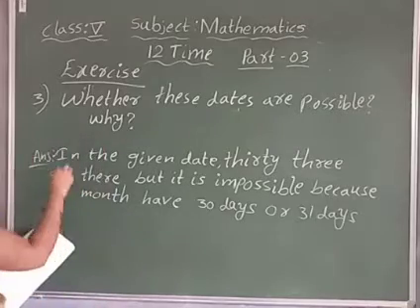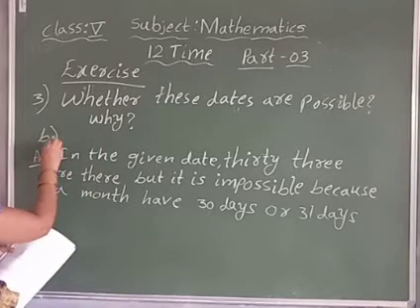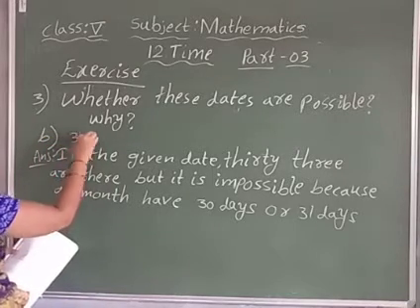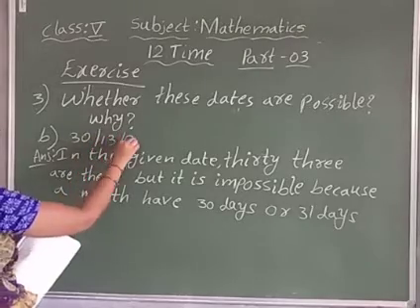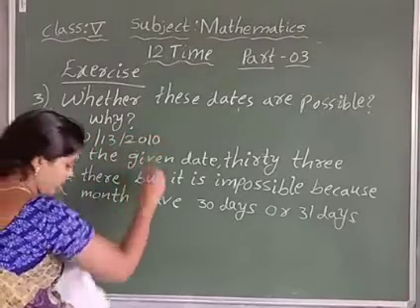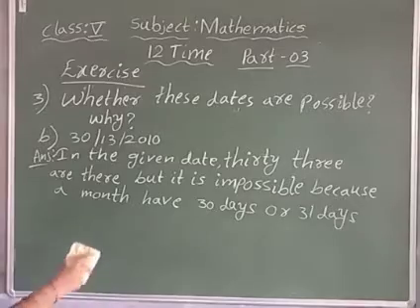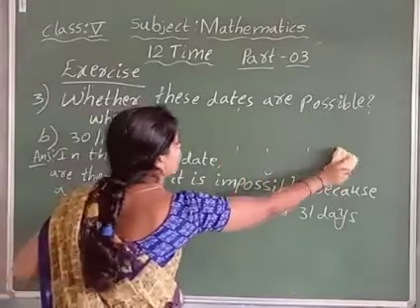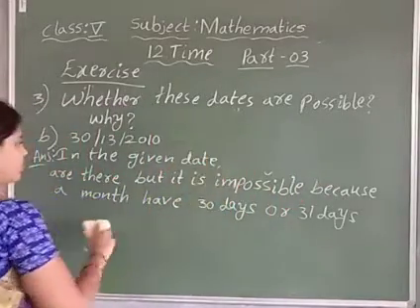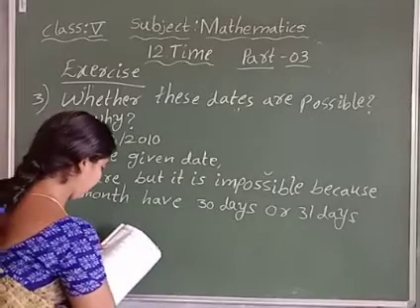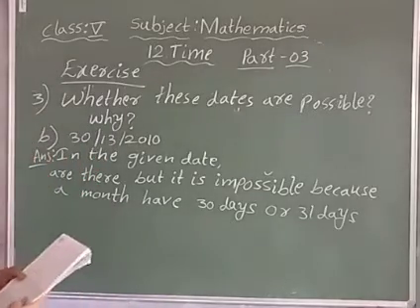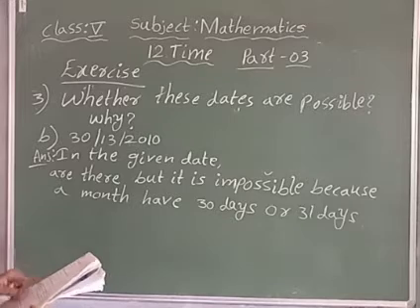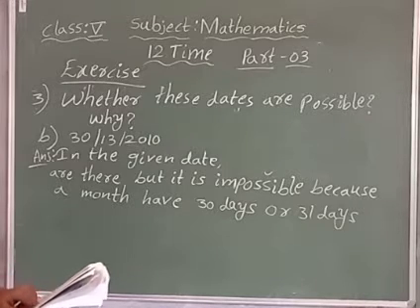So next one, D1, 30, 2010. So in the given date, what is given? The given date has 30 and 13 months.